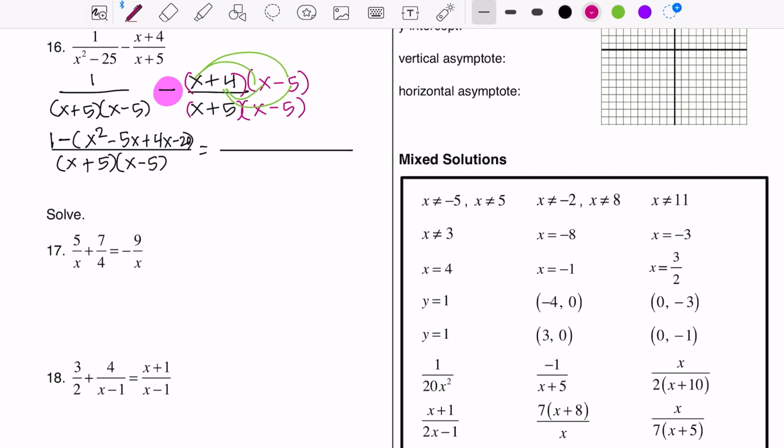And then just to make my life easier, because I can combine like terms, negative 5x and positive 4x is negative x.